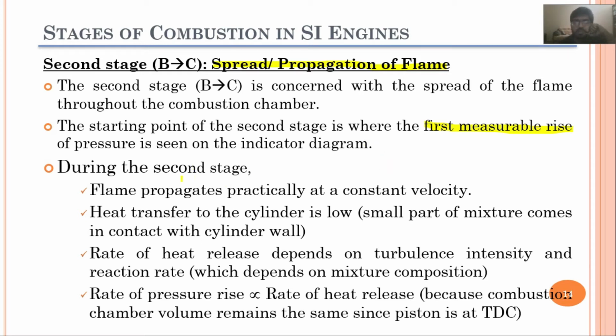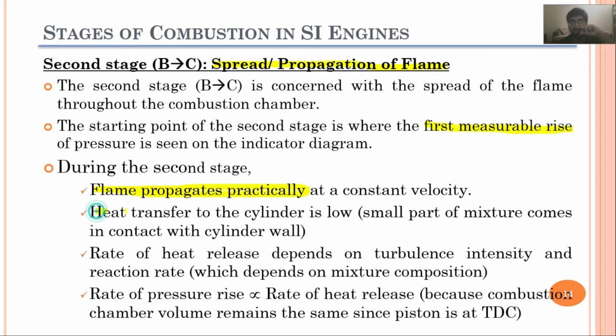During the second stage, the flame propagates practically at a constant speed. In the first stage the flame was accelerating, and in the second stage the flame has achieved its maximum velocity and will propagate throughout the combustion chamber with a constant velocity.